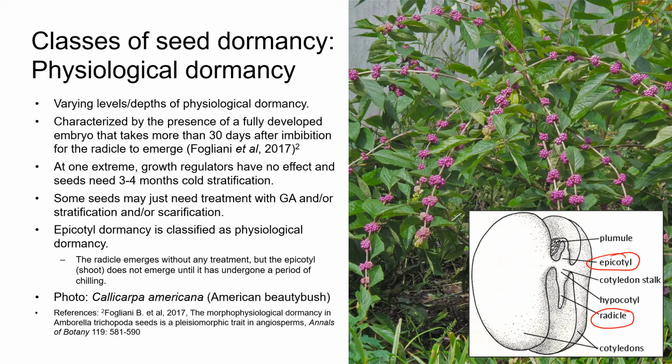Seeds exhibiting physiological dormancy may just need several months of cold stratification, or they may need a combination of treatments, including gibberellic acid, stratification, and scarification. The photo on the right is of Callicarpa americana, American beautyberry, a shrub identified by the Baskins as having physiological dormancy.